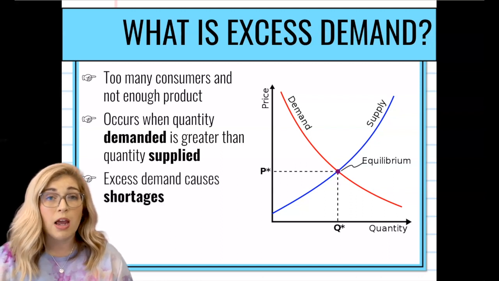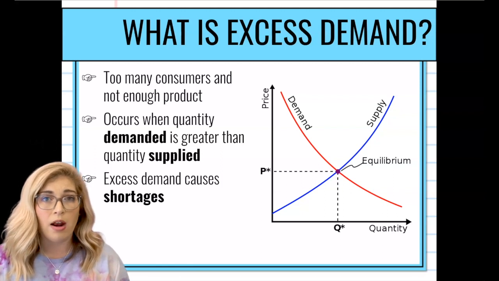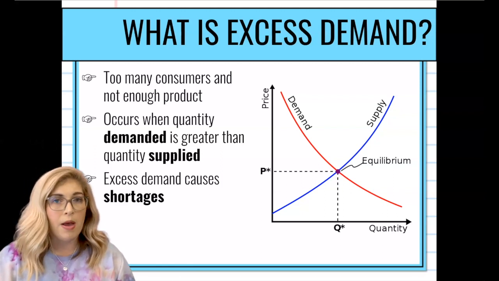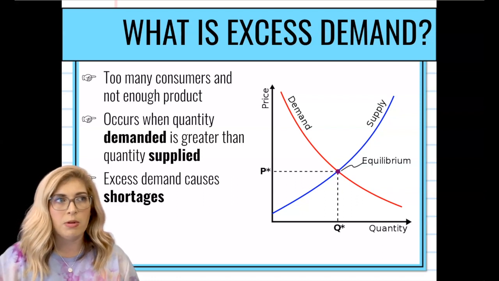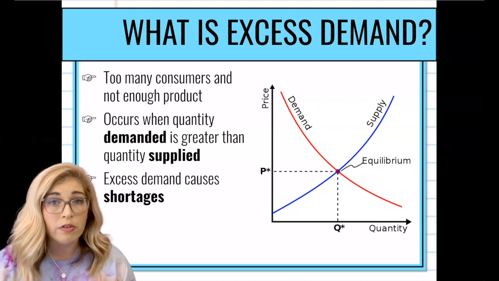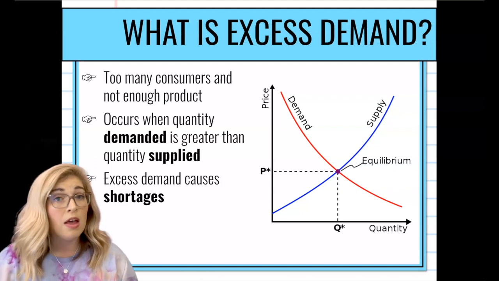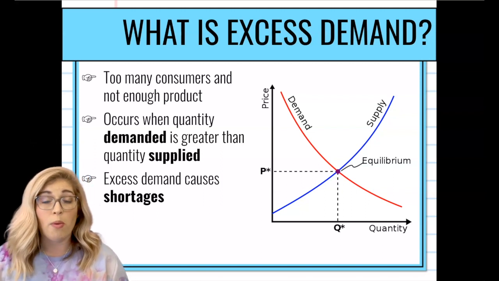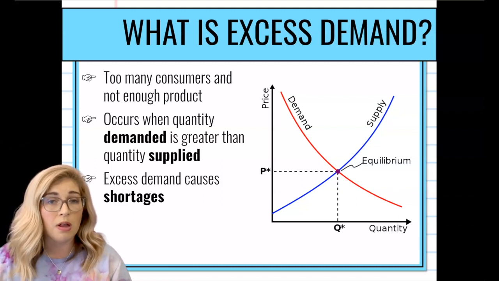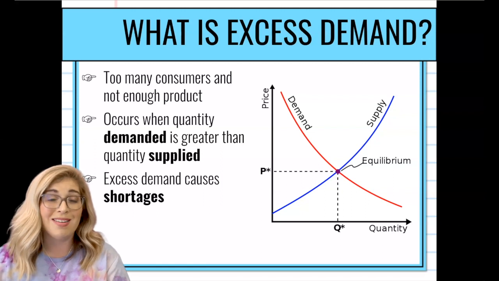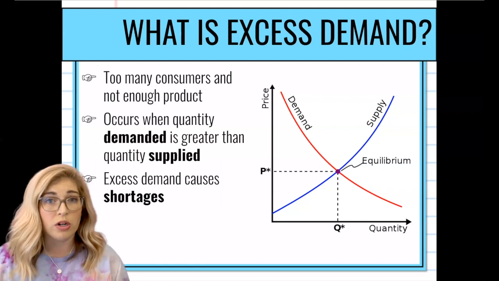There's a lot of demand for products, but the producers are only releasing a certain amount of that product. Let's say Best Buy only has 400 TVs that are going to be sold for $200, or whatever a good price for a TV is these days. After that, it's done, or they go back up to the regular price. I'm sure there are going to be more than 400 people who want a TV. So the supply is low, but the demand is high. So it's going to cause a shortage.